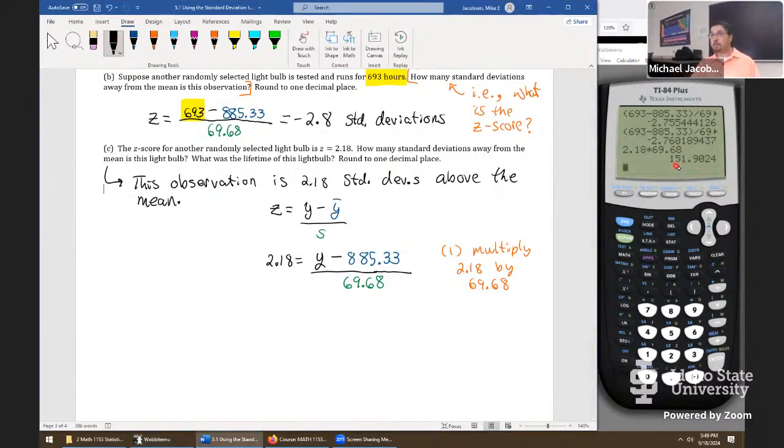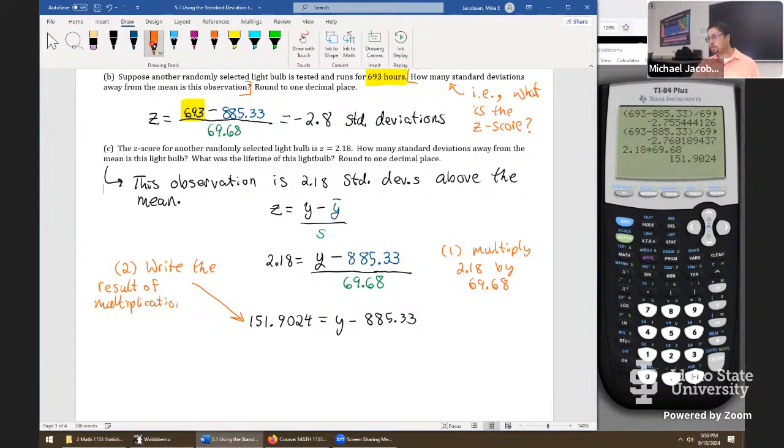So take this number, it goes on the left: 151.9024 equals Y minus 885.33. Really, this is step two, so let's say it right here. Step two, write the result of multiplication here.